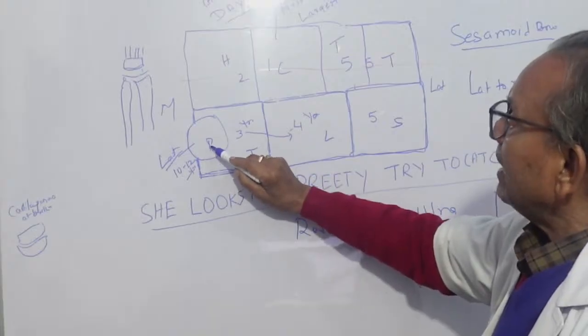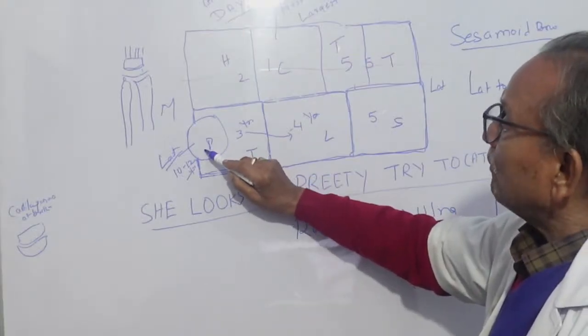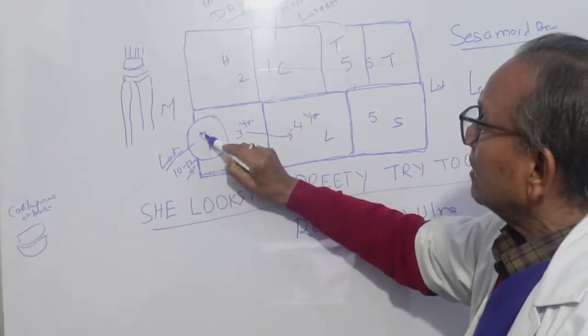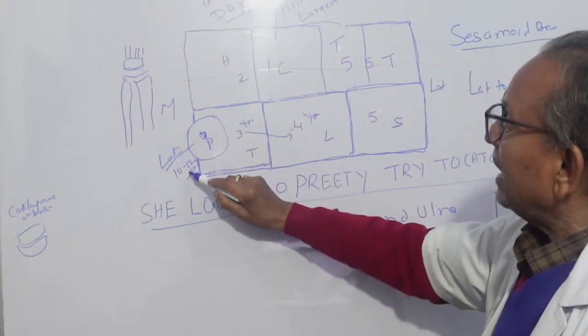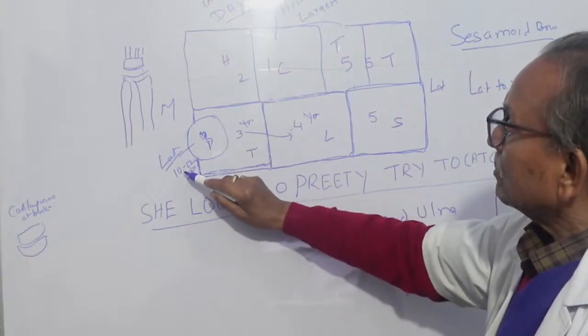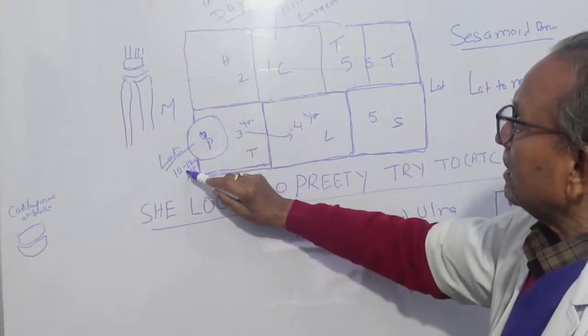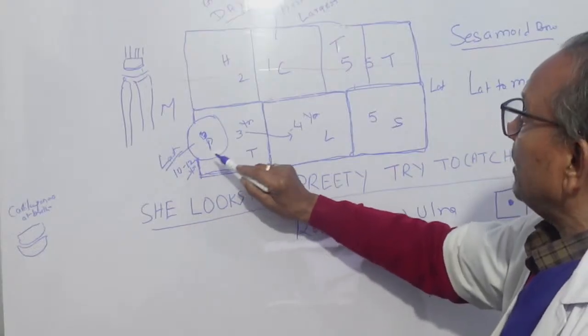Then, if you find the pisiform ossification center, the child should be at 10 to 12 years of age.